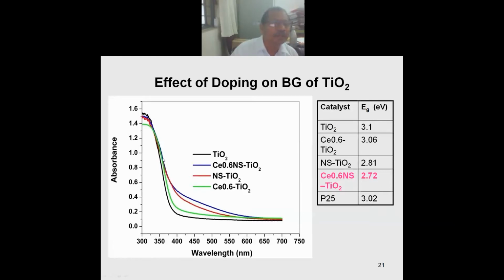The band gap is reduced, and there is an enhancement in visible light absorption for this multi-doped TiO2. This absorption may be due to the doping, the introduction of metallic and non-metallic energy levels in the band, and there is a reduction in the band gap of the TiO2.